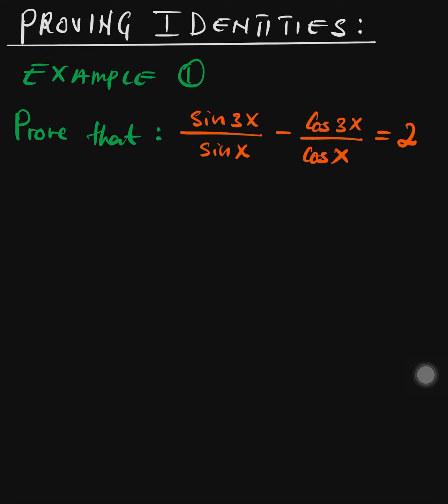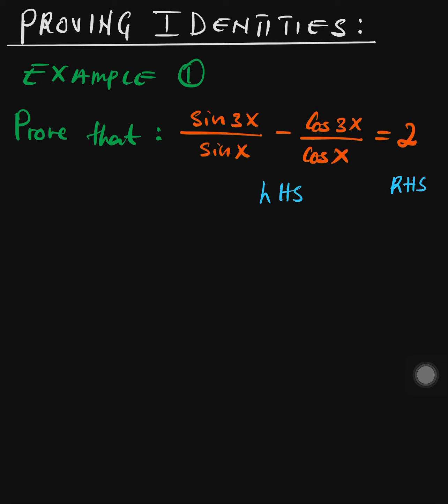Now, I always advise my students to check the side that is more complex than the other and prove from that side. In our case, we have the left hand side, and the right hand side, which is 2. Comparing the two, the left side appears to be more complex than the right hand side.